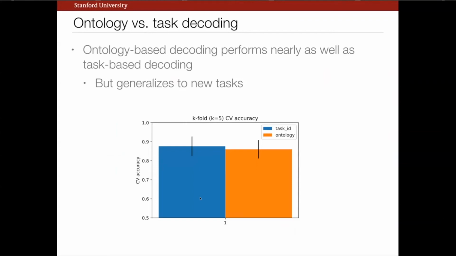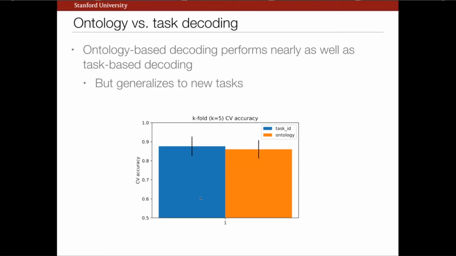And this is obviously limited because you can't predict for new tasks. But the question is, do you do a lot better when you're predicting based on tasks than when you're predicting based on the ontology? And the answer is you do a tiny bit better, but you're almost as good when you use the learned ontology mapping to predict to new tasks as opposed to just predicting within the same task.